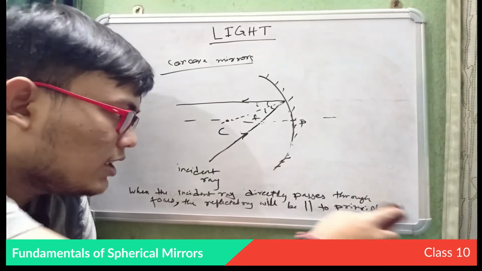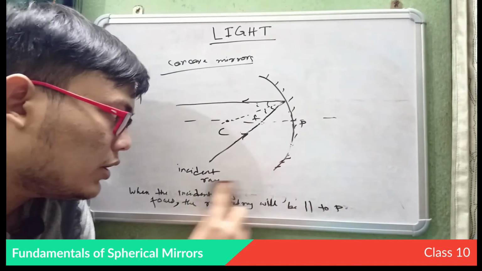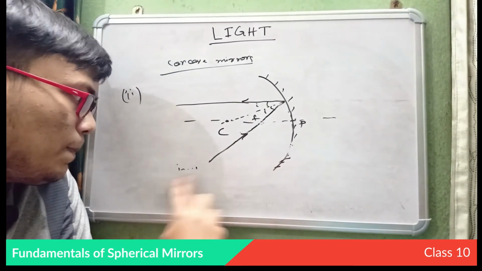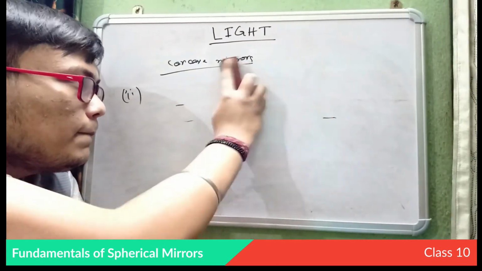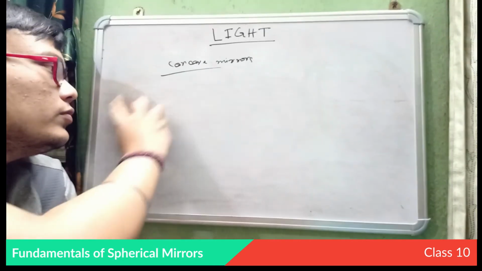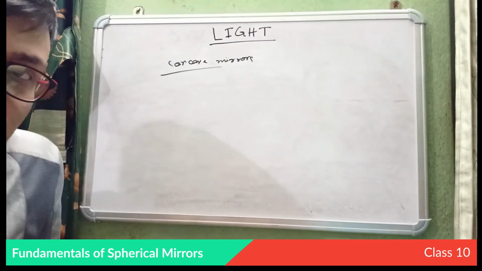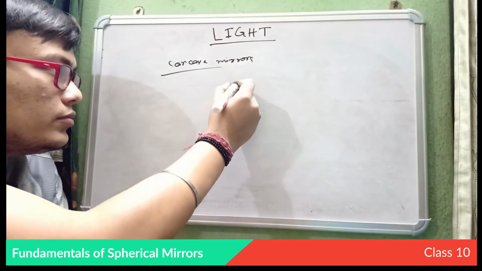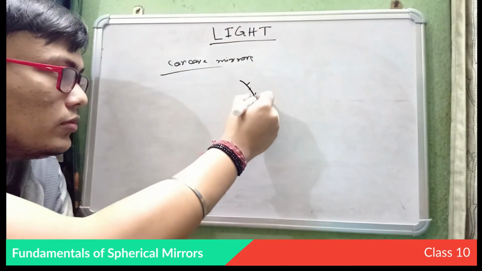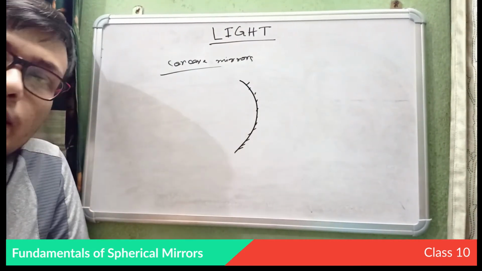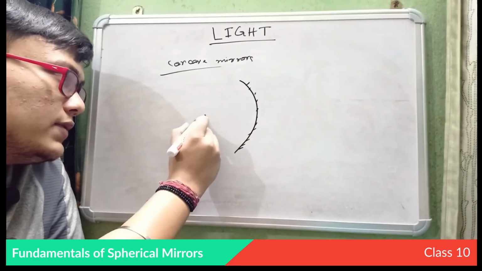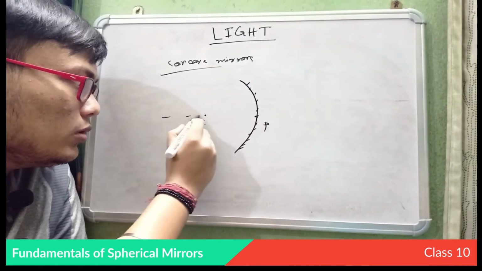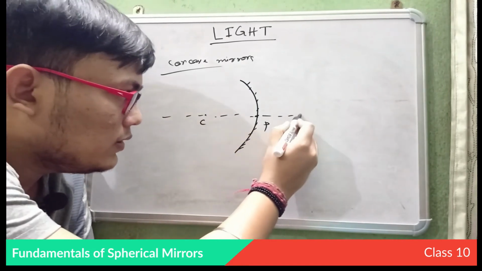Okay, so let's consider a third scenario. The third scenario says that this is the reflecting side of the mirror, center of curvature, pole. This is the principal axis.